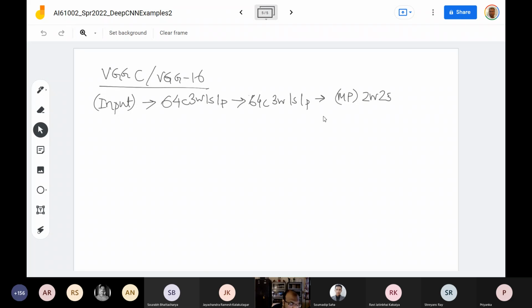Okay, so this is one which comes out over here. So what was I doing? VGGC or VGG16. After that, again, the next layer is still kept the same. So it is same as in VGG13: 128C, 3W, 1S, 1P. Now from there, this is where you will see the change.